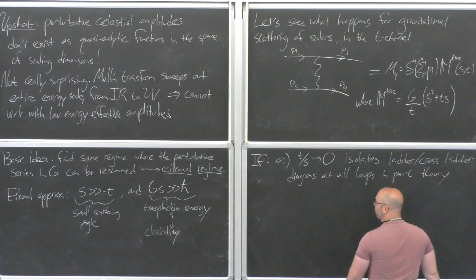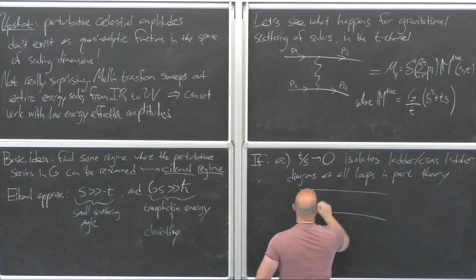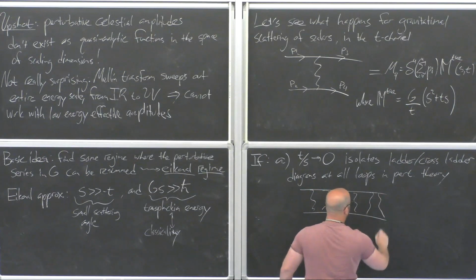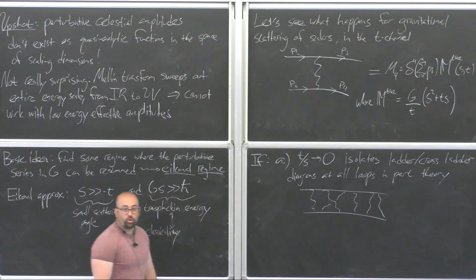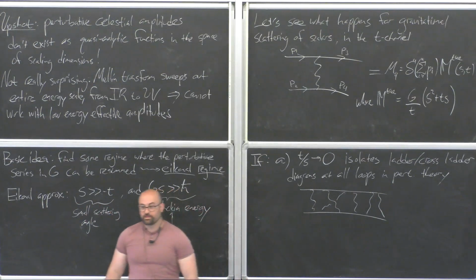So what do I mean by ladder and cross-ladder diagrams? I mean diagrams like this. And what do I mean by isolate? I mean all the other diagrams at that same loop order in perturbation theory are subleading in t over s.